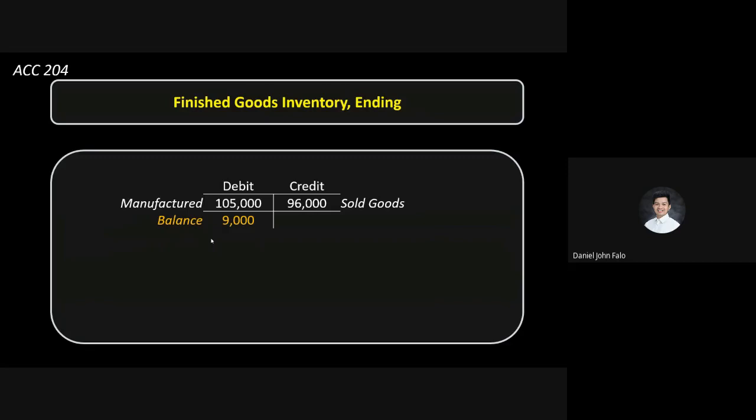So the difference is 9,000. So the balance of the finished goods inventory is 9,000. It is simply computed here because there is no beginning balance for the finished goods inventory. Next.